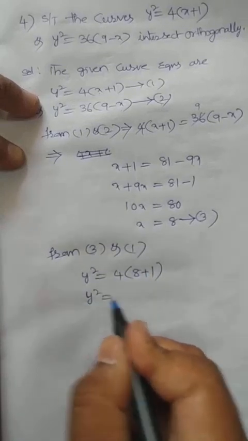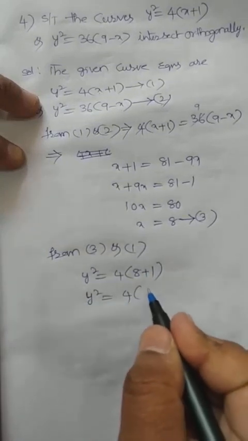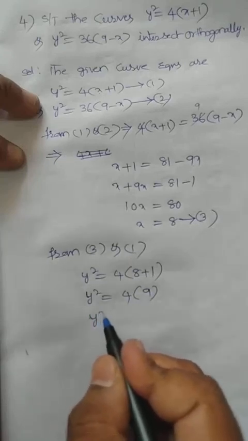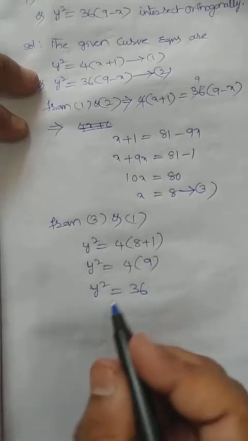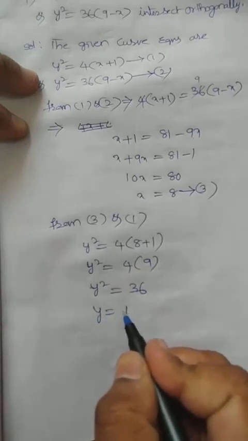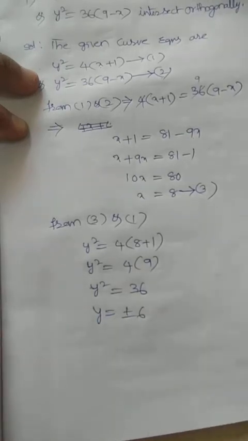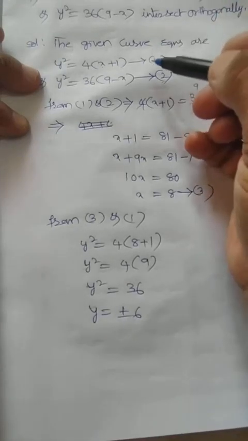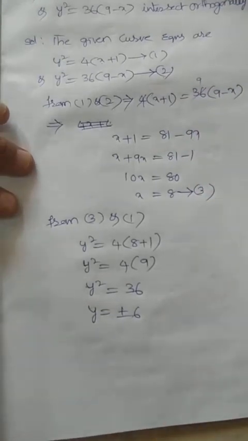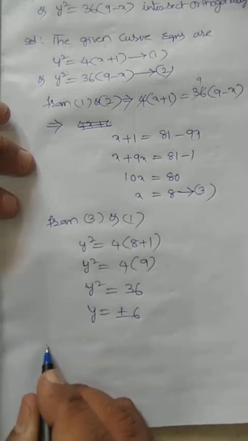So y square is equal to 4 into 9, so y square is equal to 36. So y is equal to plus or minus 6. So how many y coordinates did we get? 2. That means these two curves are intersecting at 2 points.